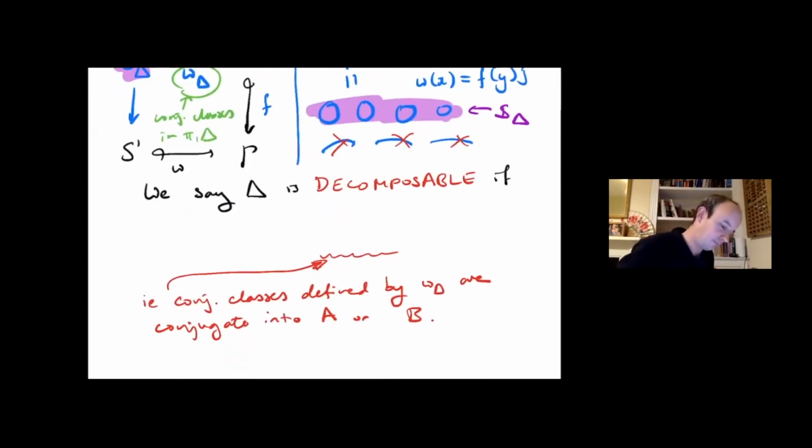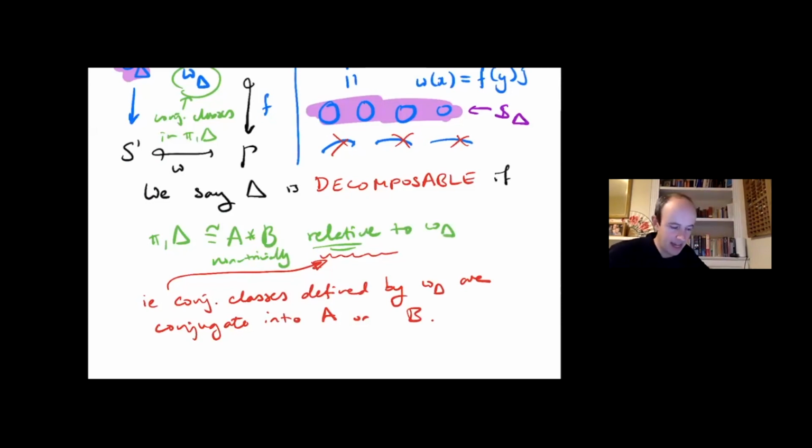So we say that delta is decomposable if the fundamental group of delta can be split as a free product A star B non-trivially relative to W delta.